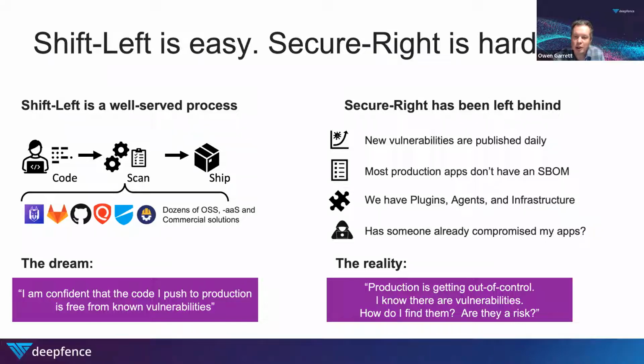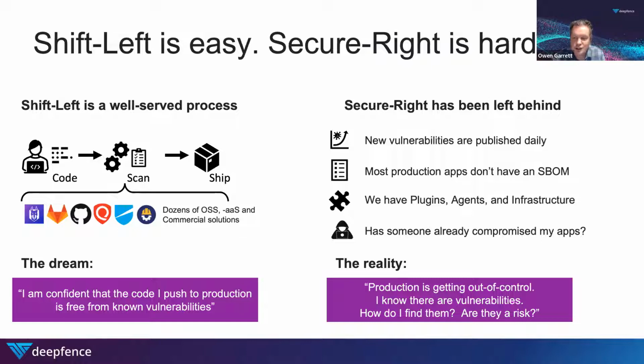There's been lots of investment in shift-left approaches. It's a well-served process with a range of open source, as a service, and commercial solutions that are targeted towards developers and help developers be confident that the code that they push into production is free from known vulnerabilities.